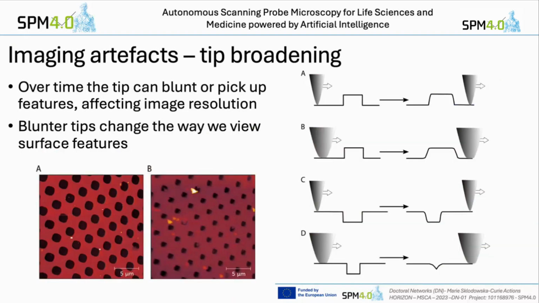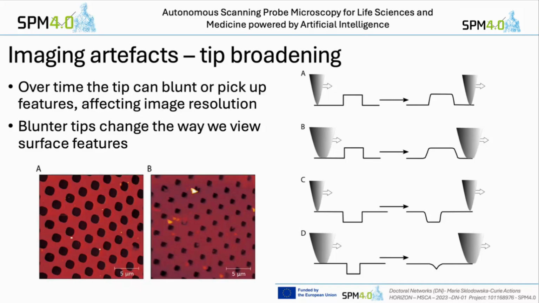This is also quite a big one, and again, I think Alex mentioned this yesterday. Tip broadening is a big problem, and I think it's more of a problem when you're looking at small single molecules such as DNA. Less of a problem if you're looking at materials.